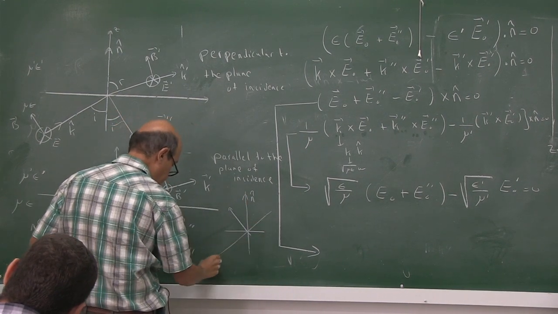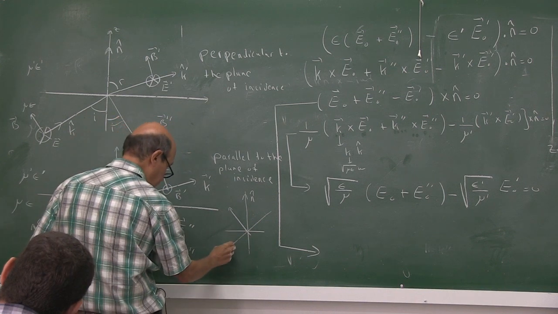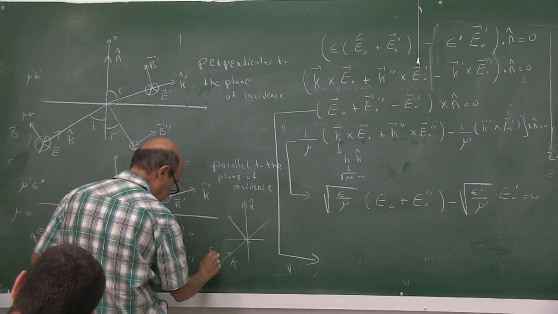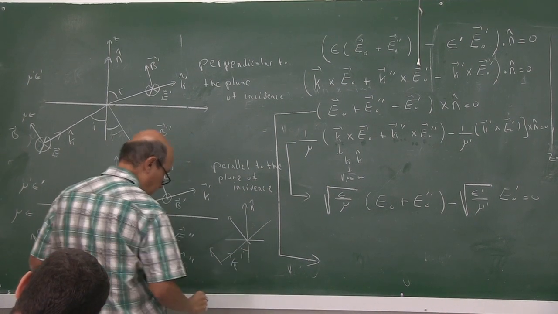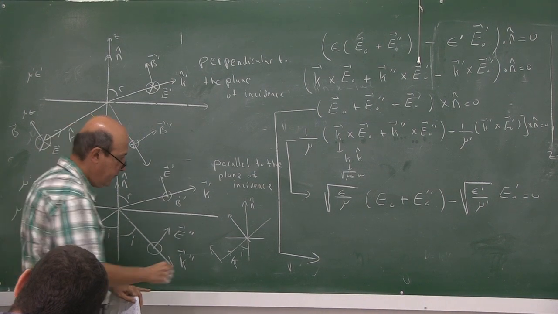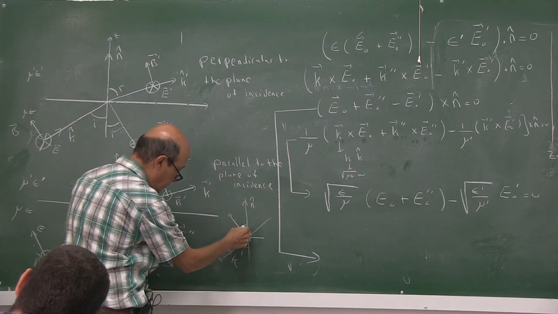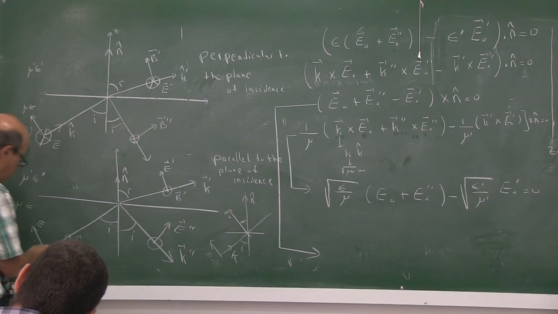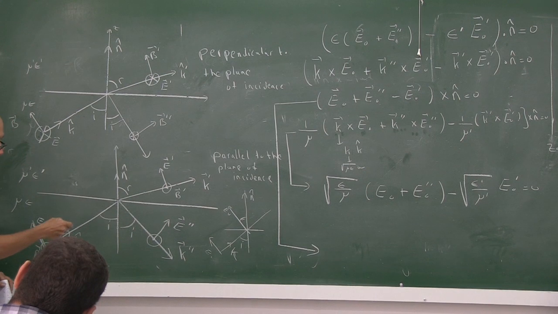And which one is K? This was K. This is again E, let's say. This was I. Therefore, what is this angle? This is E0, this is E0 for this one. Yes.